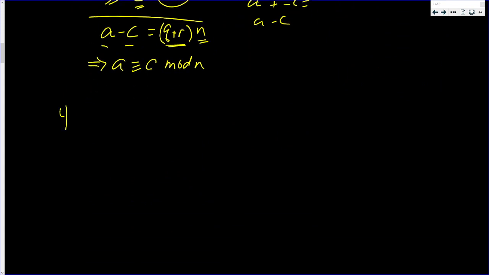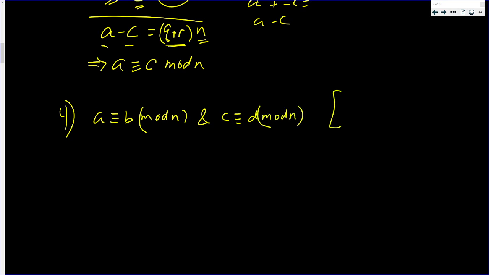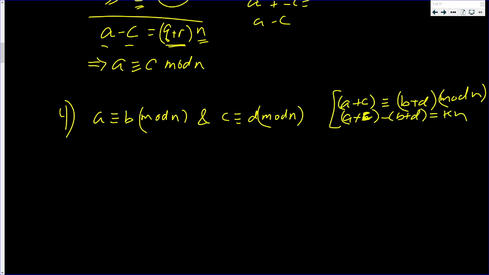The fourth one says you can add two of these congruences, like equations. If a is congruent to b mod n, and c is congruent to d mod n, I want to get that a plus c is congruent to b plus d mod n. Well, that means that a plus c minus b plus d must be some multiple of n.